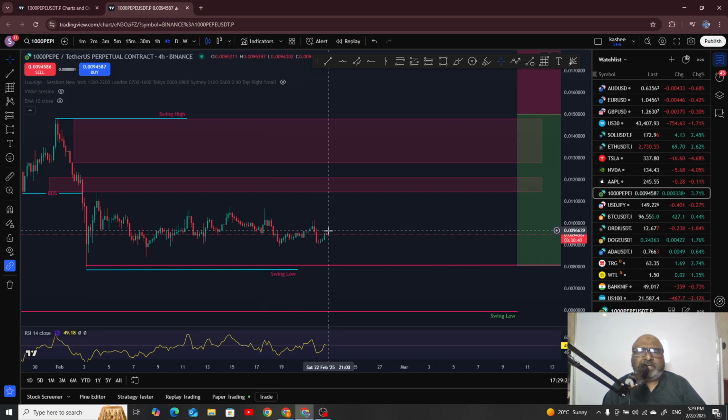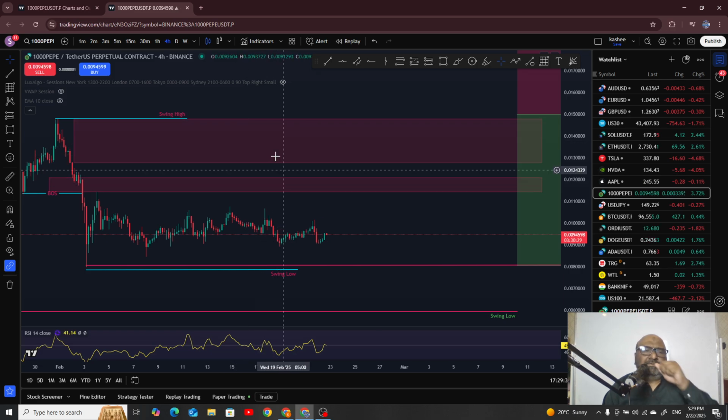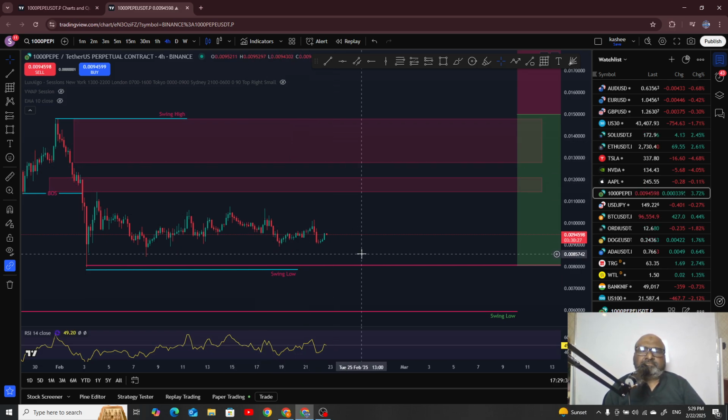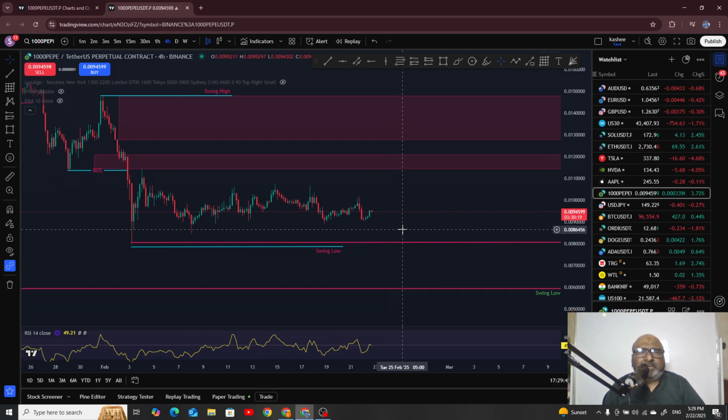This uptrend is likely to sweep this liquidity, okay, and then it is likely to go to this region. This is what I'm expecting based on my technical analysis. Okay, so we know.